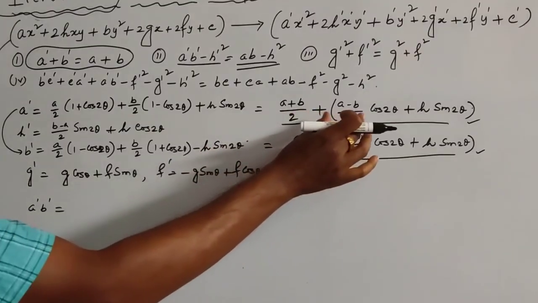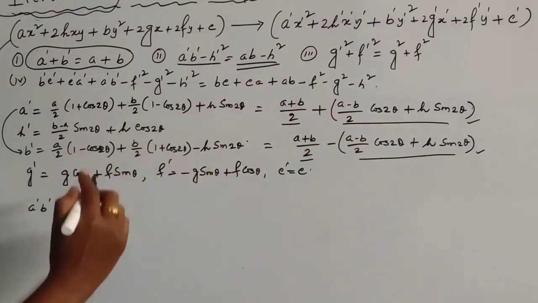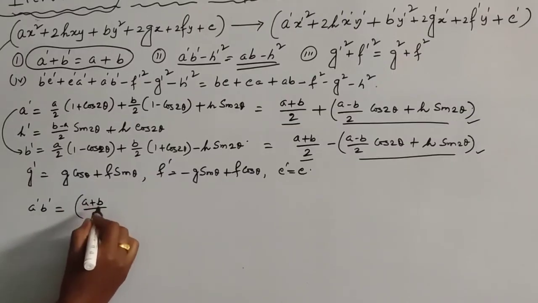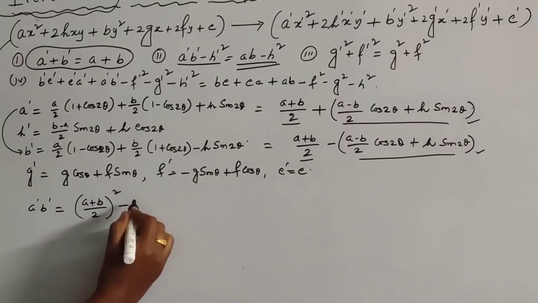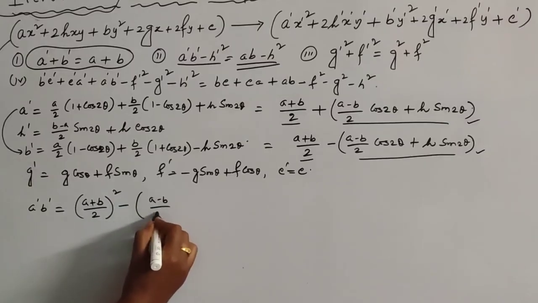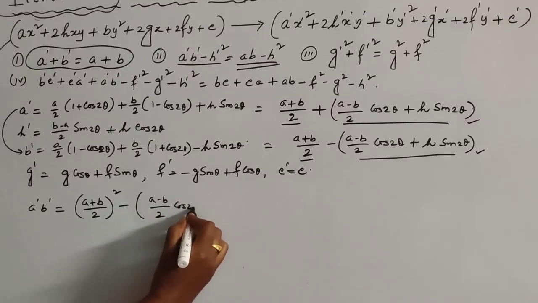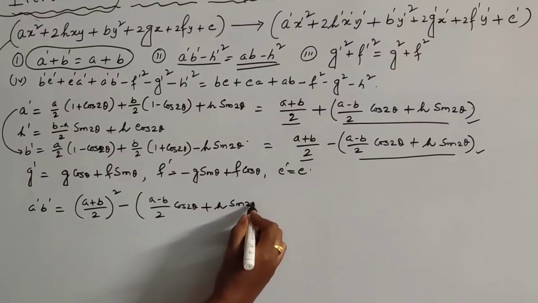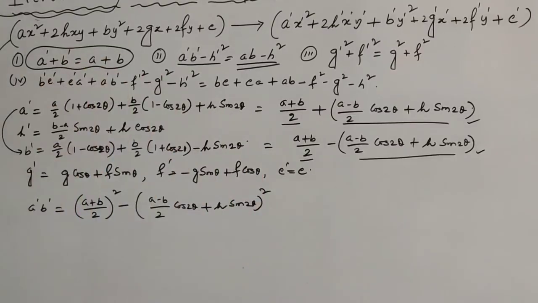So if we multiply these two results, then we get the result as ((a plus b) by 2) whole square minus ((a minus b) by 2 into cos 2 theta plus h into sin 2 theta) the whole square.